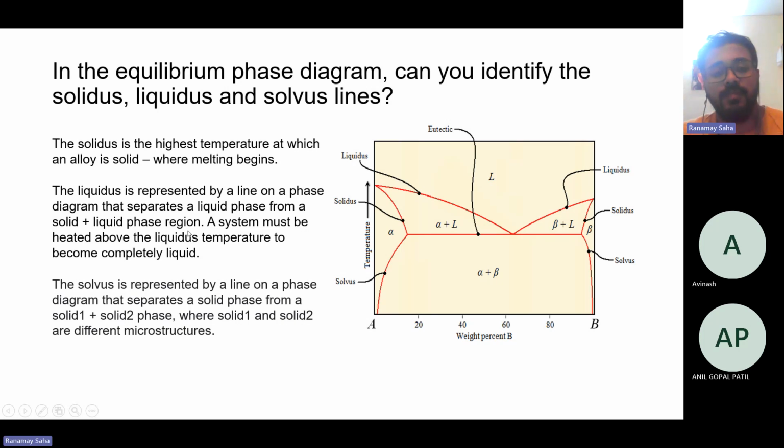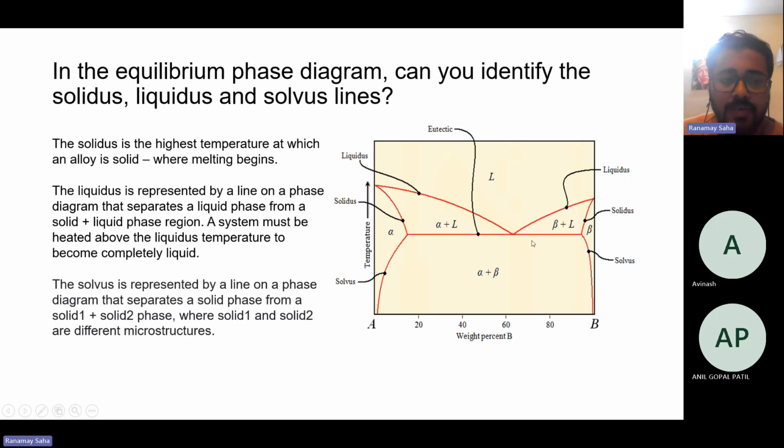The system must be heated above the liquidus temperature to actually become liquid. If you consider this point as a partition between the liquid phase and the solid and liquid phases, up to this temperature a particular alloy will remain liquid, and beyond that point the first solid crystal starts forming. So this is called the liquidus point, and these are just lines.